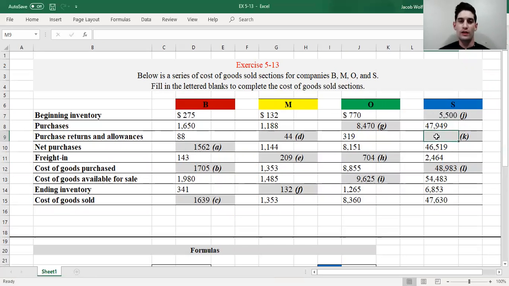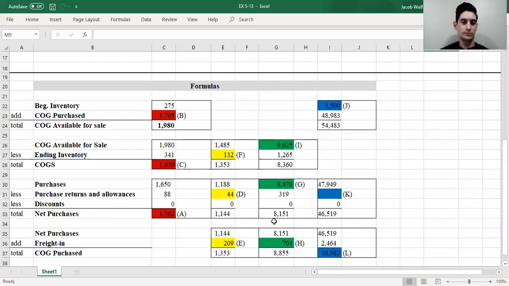Now to solve for that last one, which is purchase returns and allowances, we will take our net purchases, which is 46,519, and plug that in. Again, we don't have any discounts. I think I just saw in the textbook that you can also subtract those discounts, but nothing had discounts.